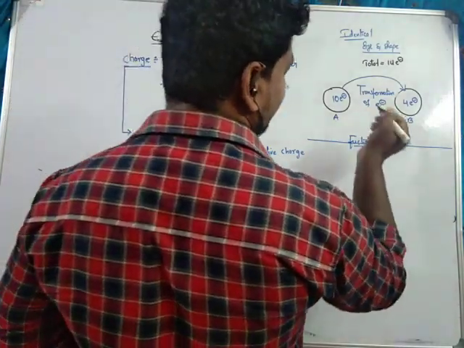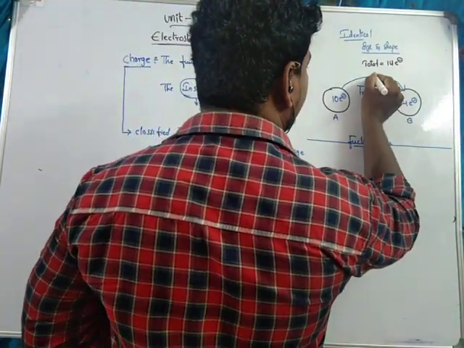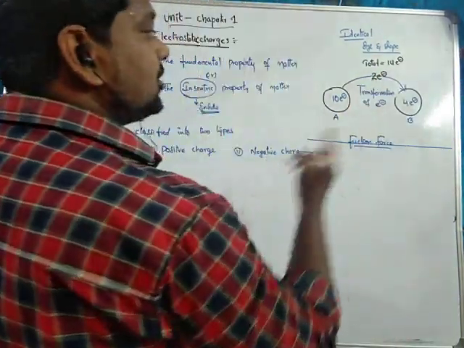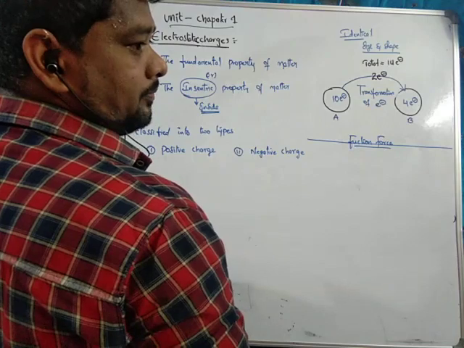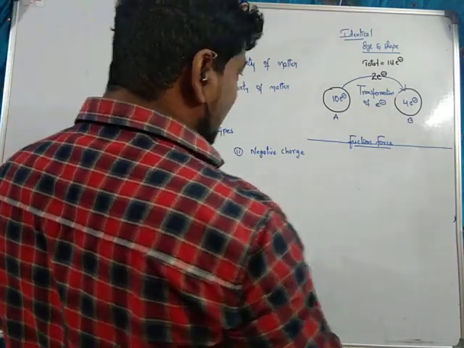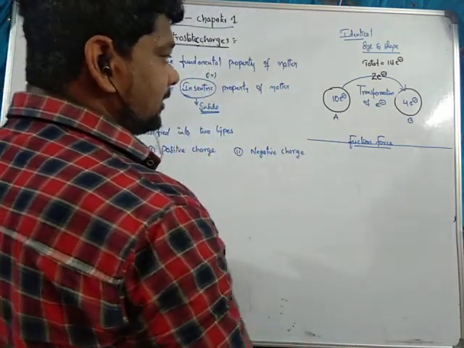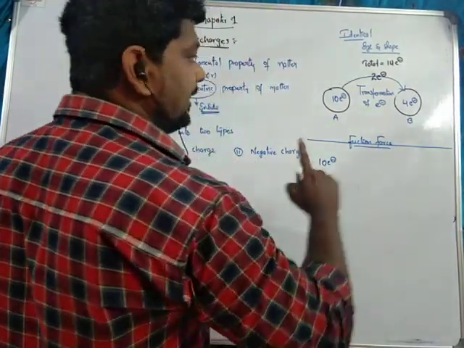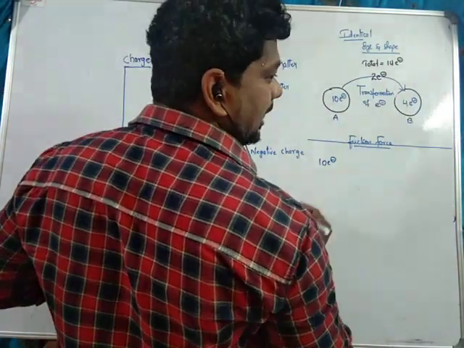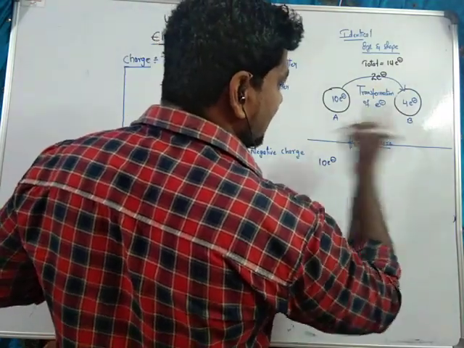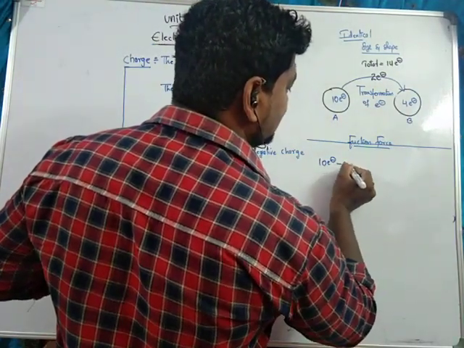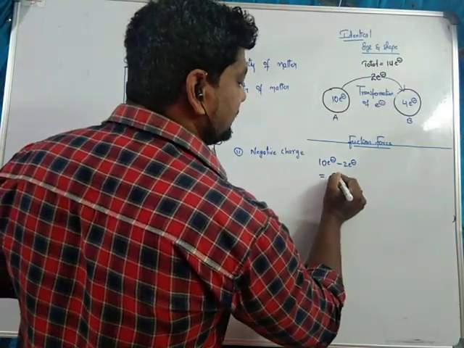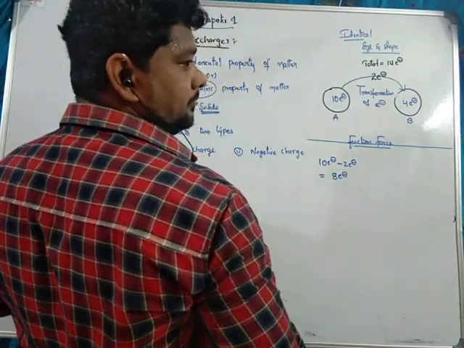Clear? Initially we have 10 electrons here, and 2 electrons are transferred. It means we reduce 2 electrons. Now the net value will be 8 electrons.